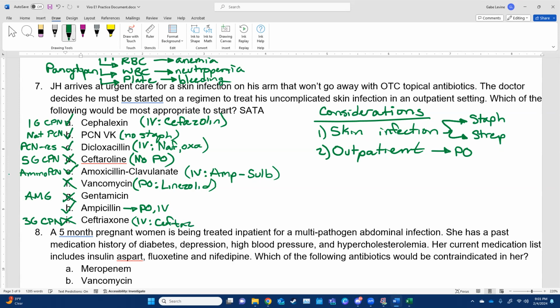Ceftazidime. And then what's the oral third gen? Cefpodoxime. Cefuroxime is second, but it is oral and IV.